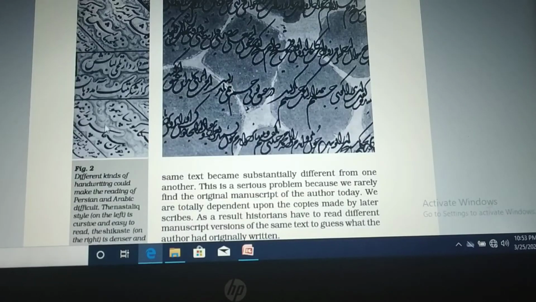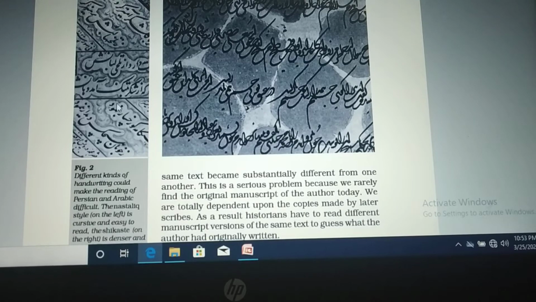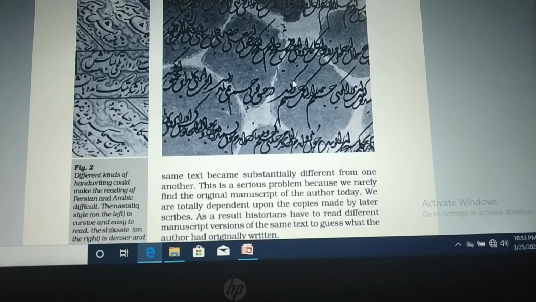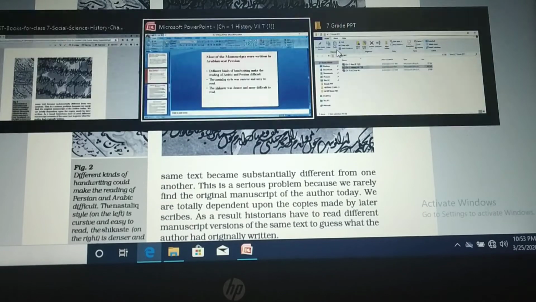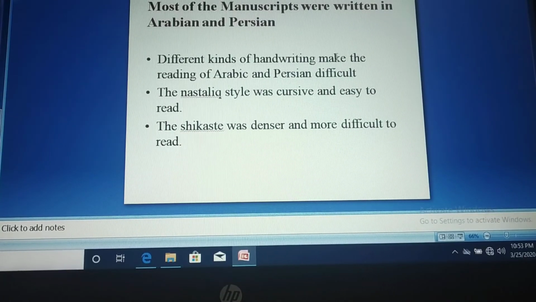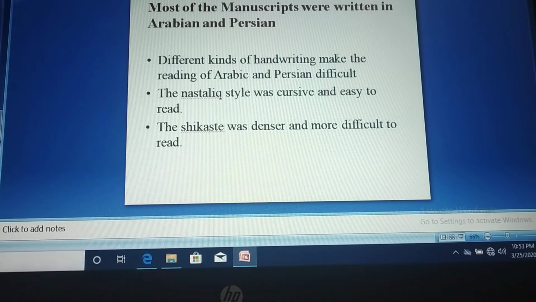Yes, you can see this was the Nastaliq style, which was cursive and neat and clean, and this was the Shikasta style, which was denser and difficult to read. So these were the two main handwriting styles in which manuscripts were written.